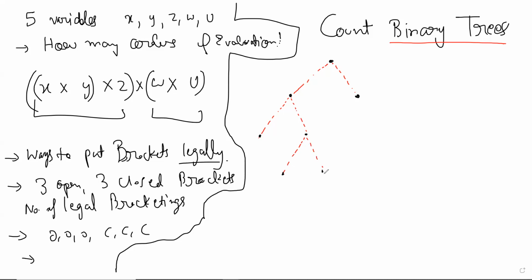So at each step you just keep going down, and every point has either two children, a left and a right child, or no children, right?